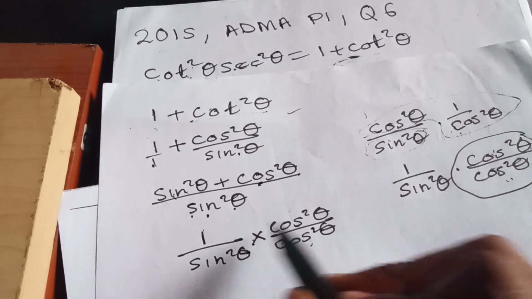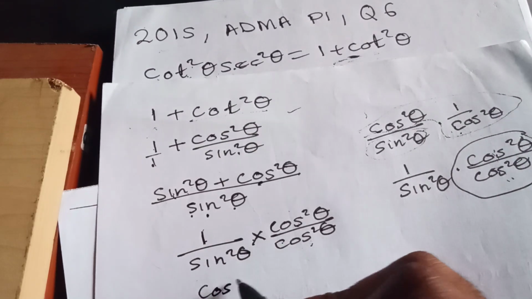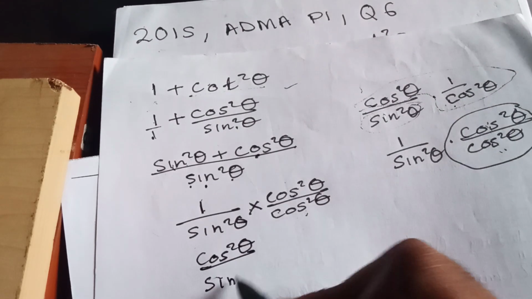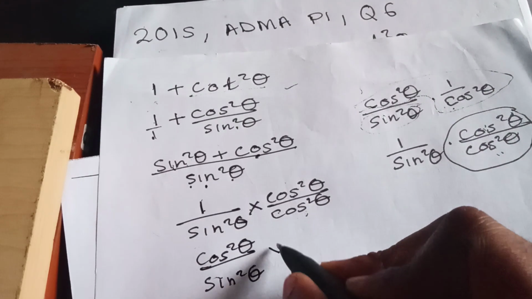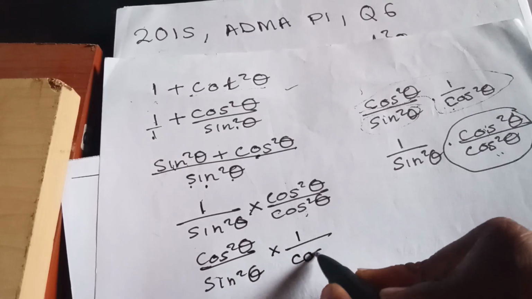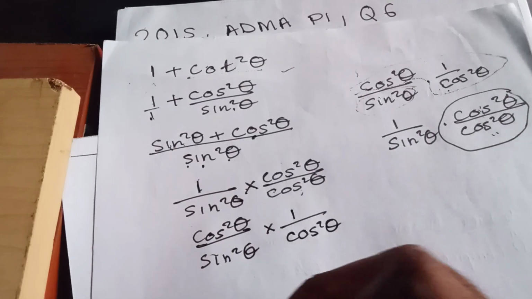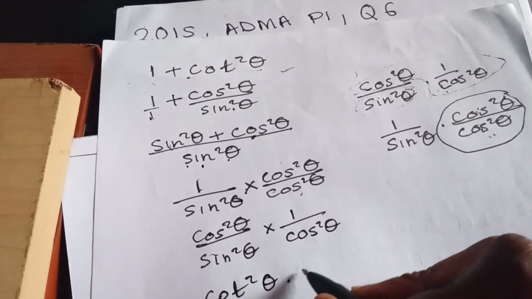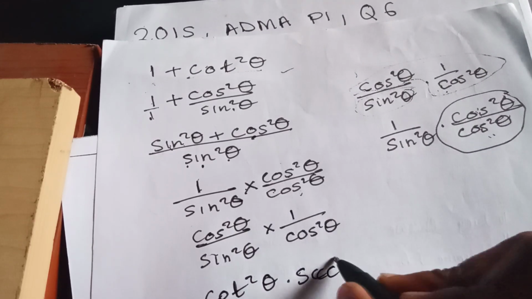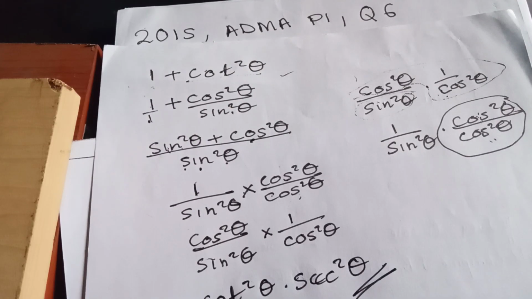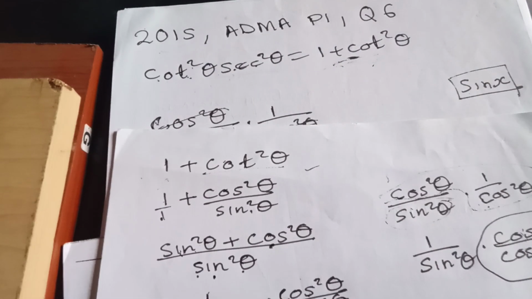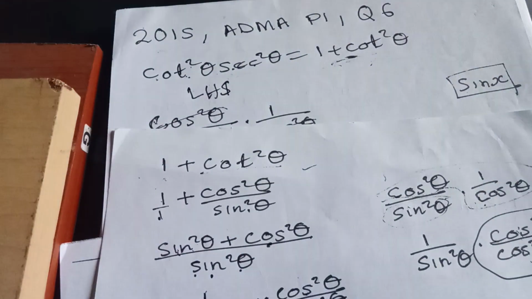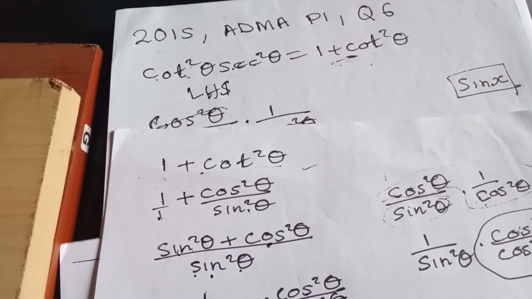So now we can multiply this by that. It's like saying adding and subtracting. I don't know if you've heard of that statement before. So this one will be cot squared theta, and then this one will be sec squared theta, which proves the identity. So I think using this side here, the left hand side, is much better in such a case.